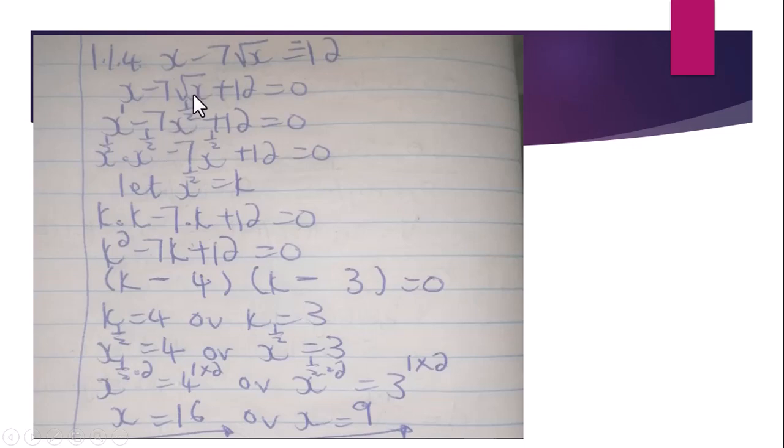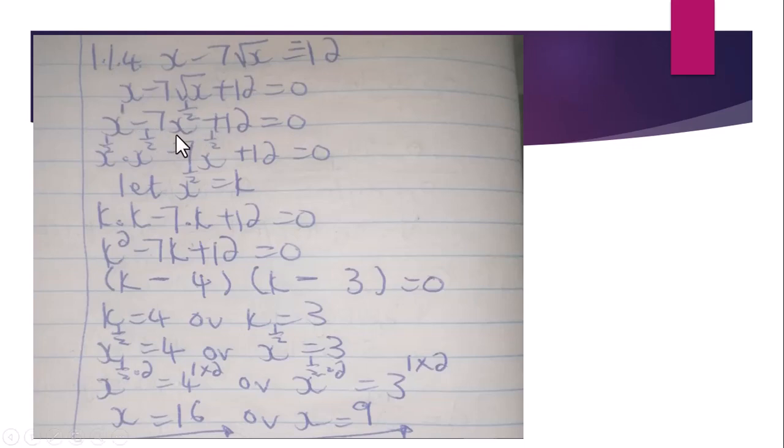When I remove the square root, you leave what is inside of the square root, and when you remove the square root, you take the exponent of 1/2. This is very important. This is standard 5 and standard 6 mathematics. Good.